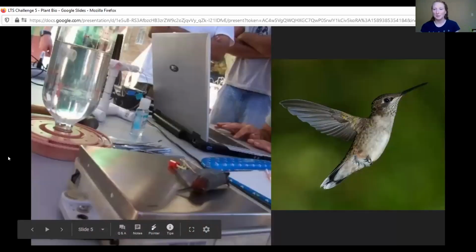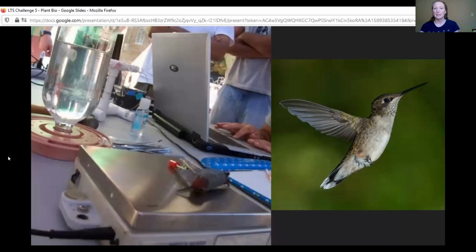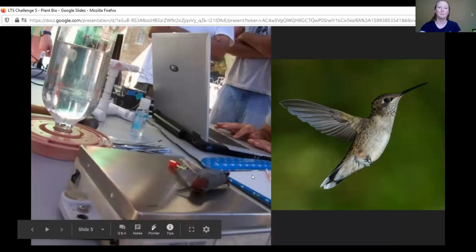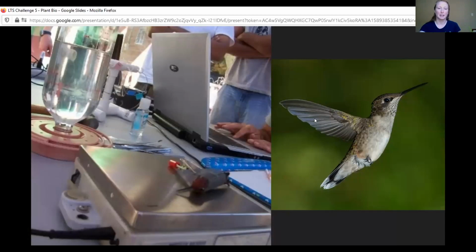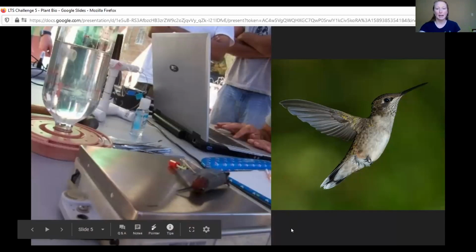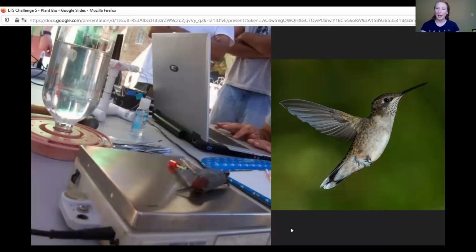While I was doing this field studies course, I got to see kind of how scientists work outdoors. And so this is an outdoor lab. You can see at the bottom of the picture on the left, there's actually a hummingbird on there. So I have a picture of a nice hummingbird there. And what we're doing is we're tagging the hummingbird.